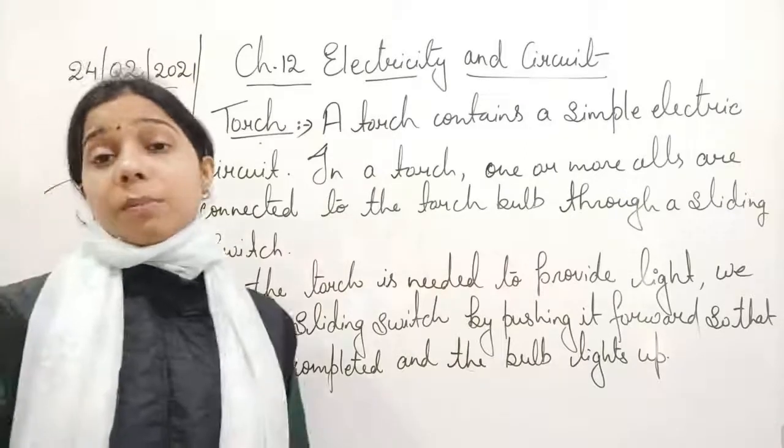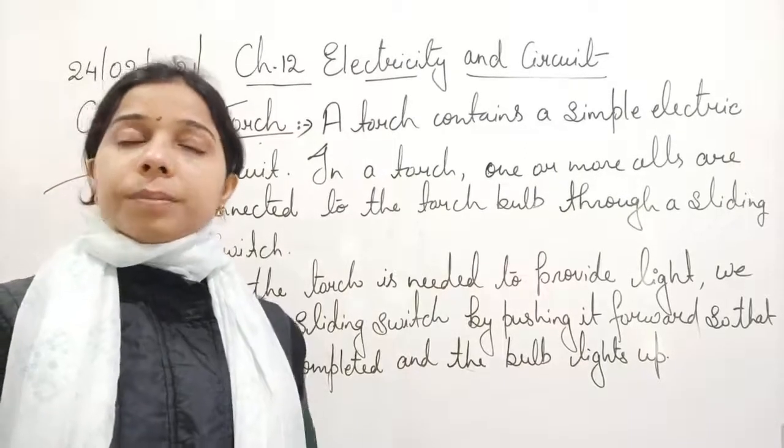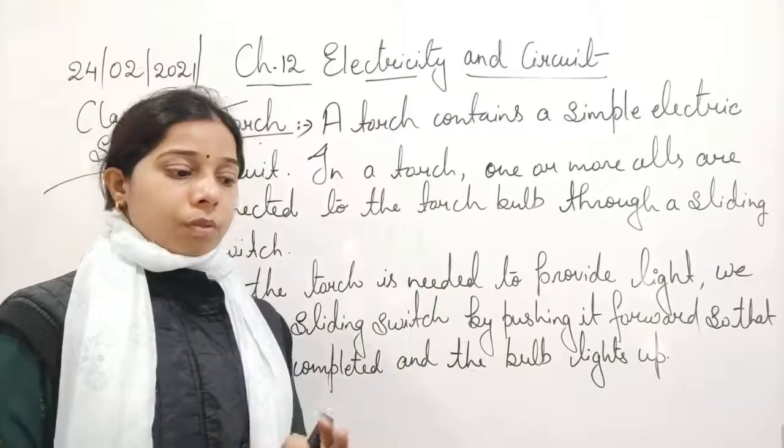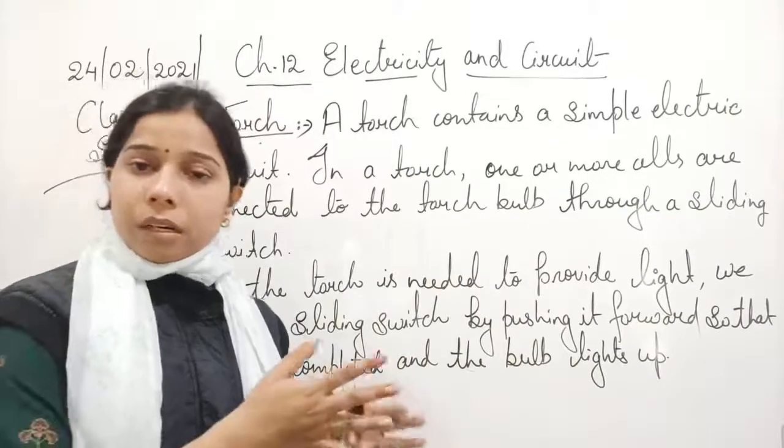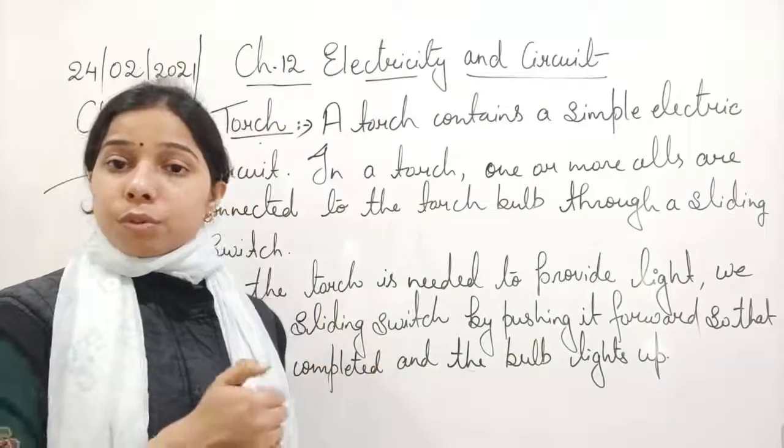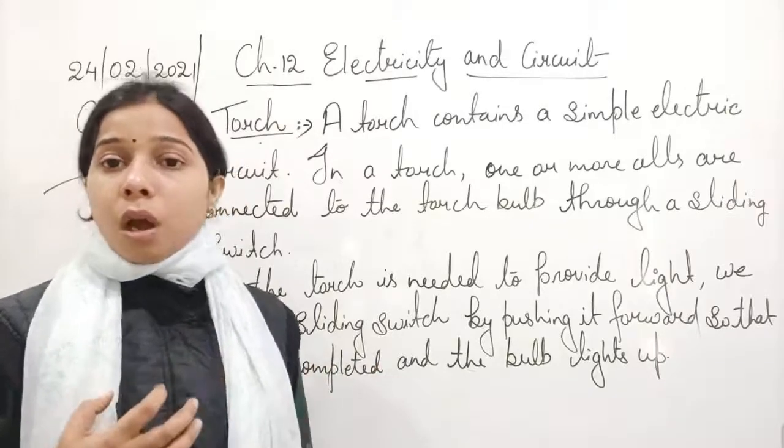Okay, so the torch is needed to provide light. Now what happens if we do not want to use the torch? Then we turn the switch off.